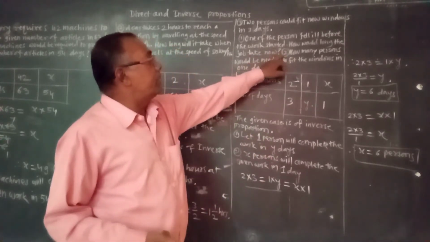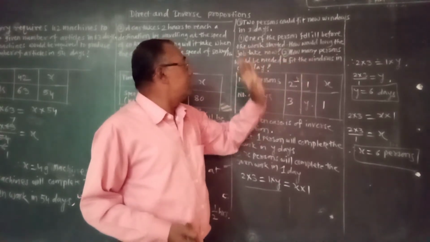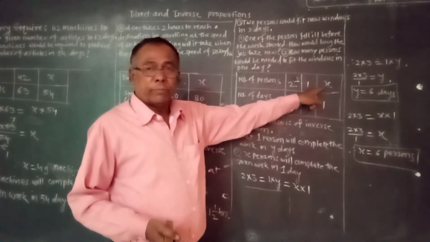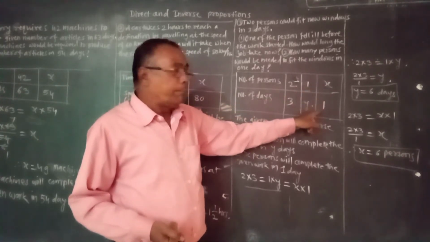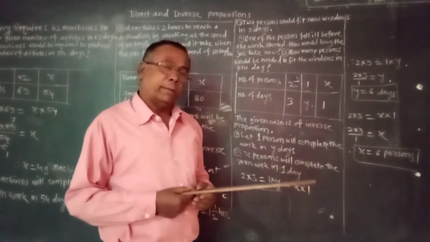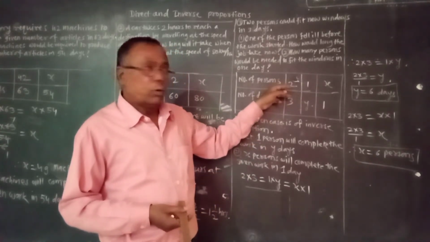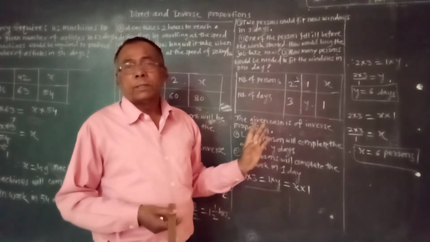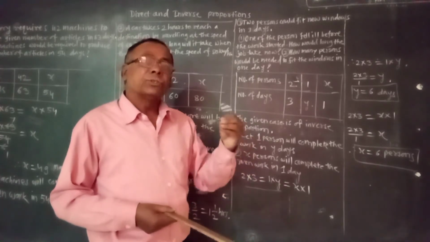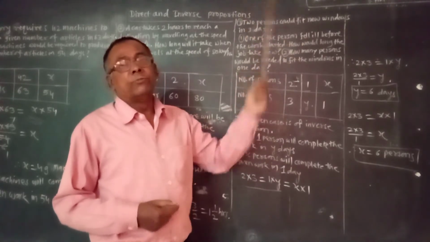And in the second case, it is given that how many persons would be needed to fit the windows in one day. Means here x persons are required to complete the work in one day. We know that if the persons are more, then the time required to complete the job will be less, and such an example is of inverse proportion.